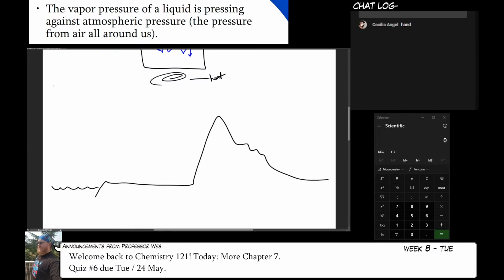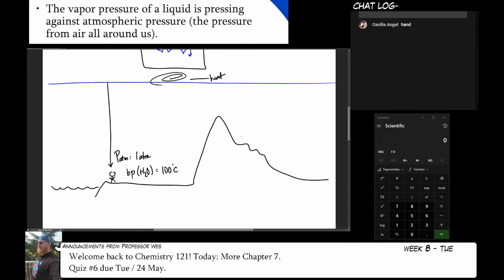So here we'll put the atmosphere way up here. If you live over at sea level, the pressure that you feel is equal to 1 atmosphere, and the boiling point of water is what you'd expect, because it needs to resist 1 atmosphere of pressure and get a vapor pressure equal to that before it boils.